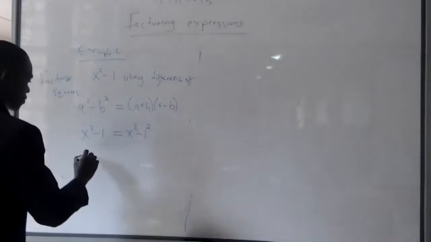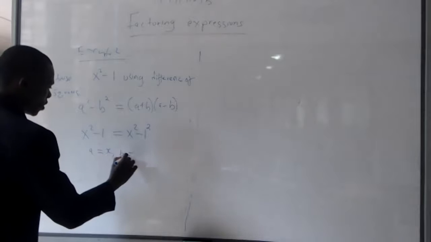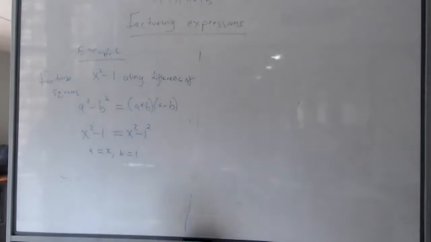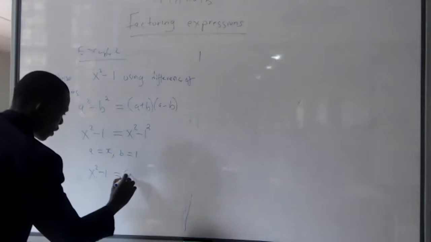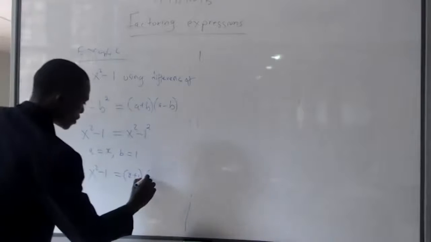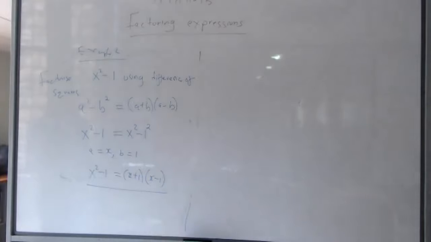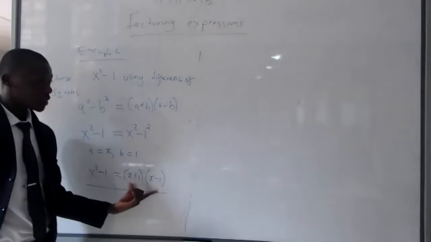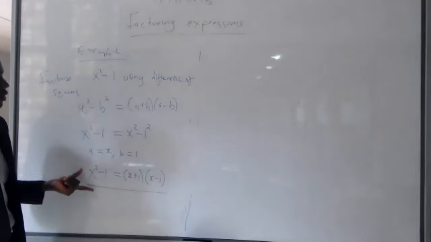So in this case, a is x and b is 1. So your factorization of x squared minus 1 will be x plus 1, that's a plus b, times a minus b, which is x minus 1. And you can confirm by multiplying these linear factors to see if you get back your original expression.